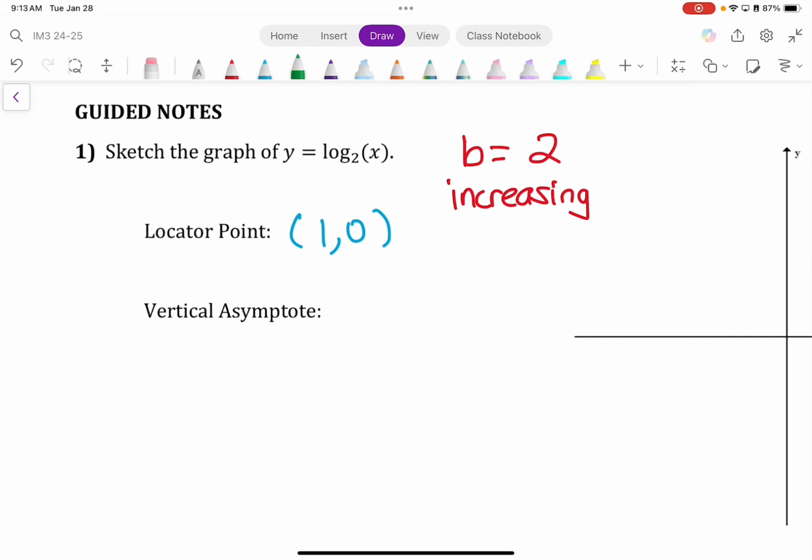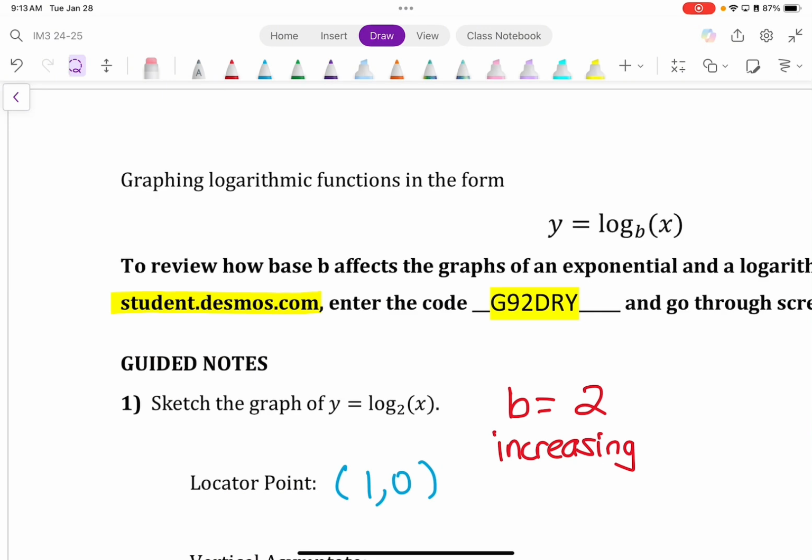And then the asymptote for the exponential function used to be y = 0, since this is the inverse, we will now switch that to x = 0. Okay? So that would be our asymptote for this function. Okay?